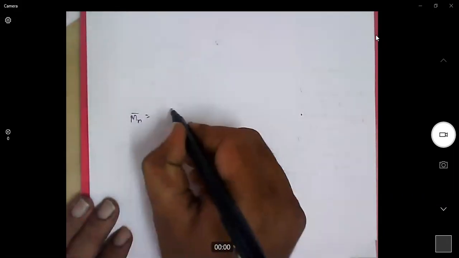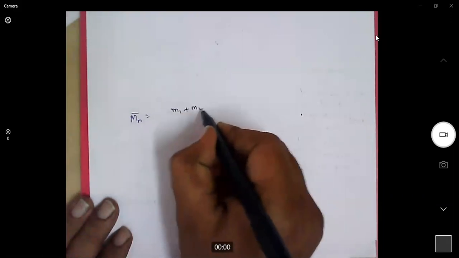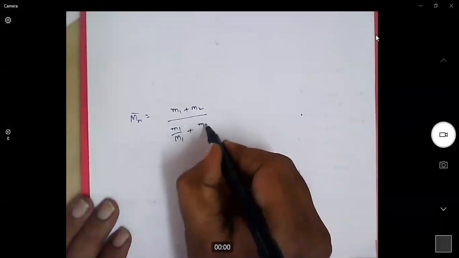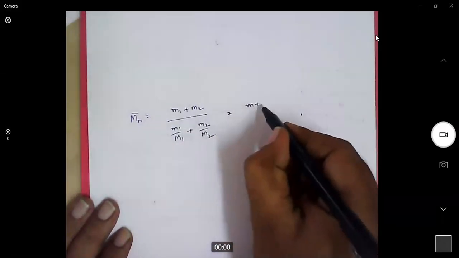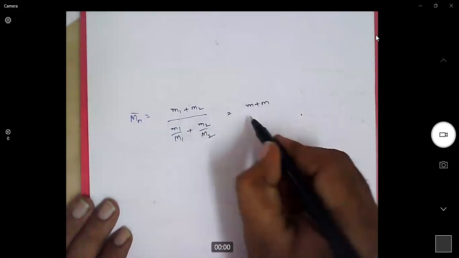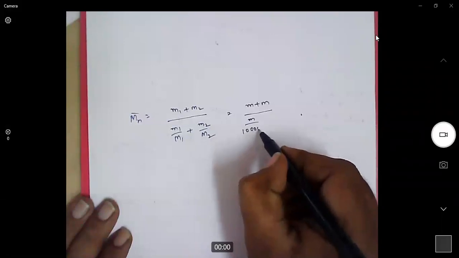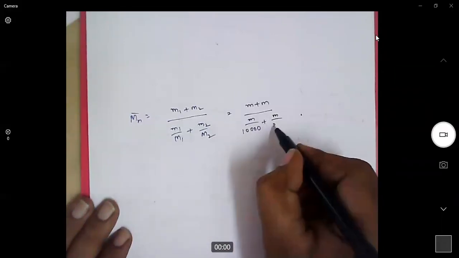Therefore, Mn bar is equal to m1 plus m2 by m1 by capital M1 plus small m2 by capital M2. We know the masses are equal, and capital M1 and M2 are 10,000 and 20,000.